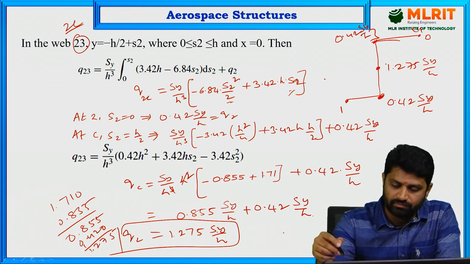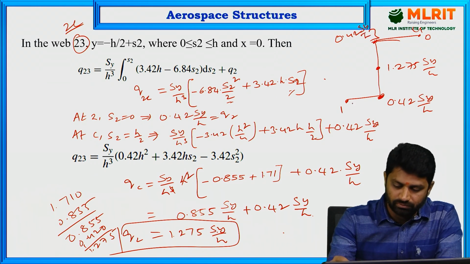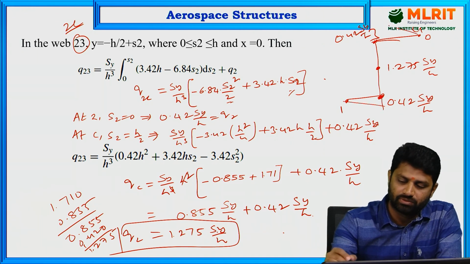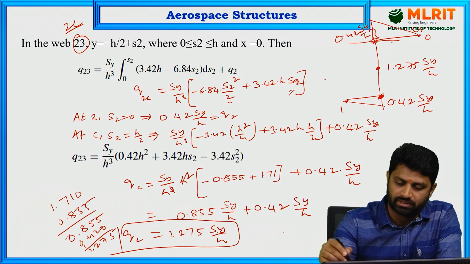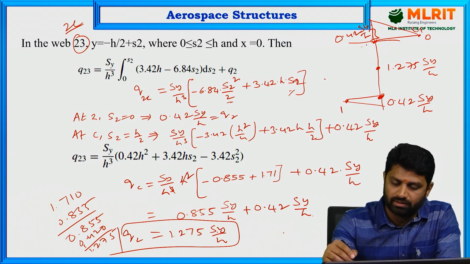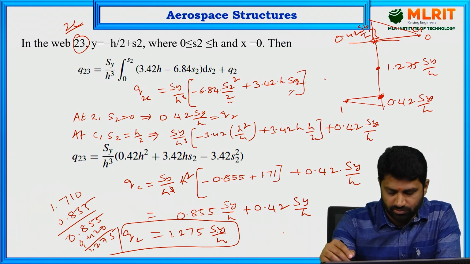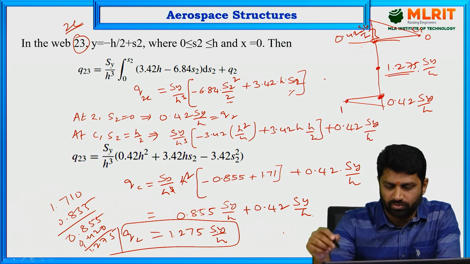Okay, and it will be similar. Okay, so you take the linear curve from here to here, and linear curve from here to here, and you'll get a distribution like this here. Okay, so here also you are going to get C also 1.275.